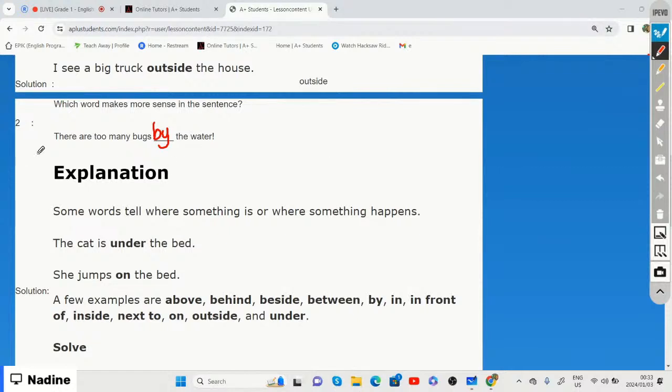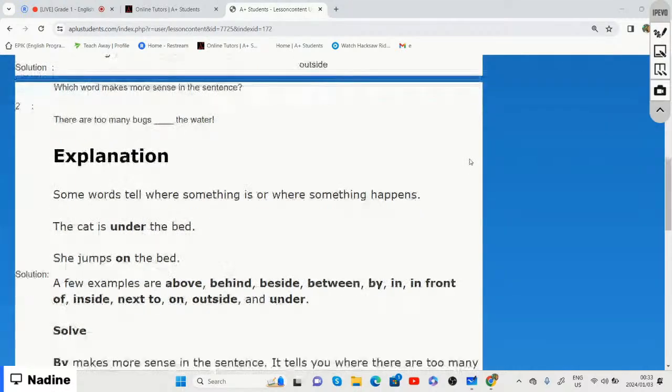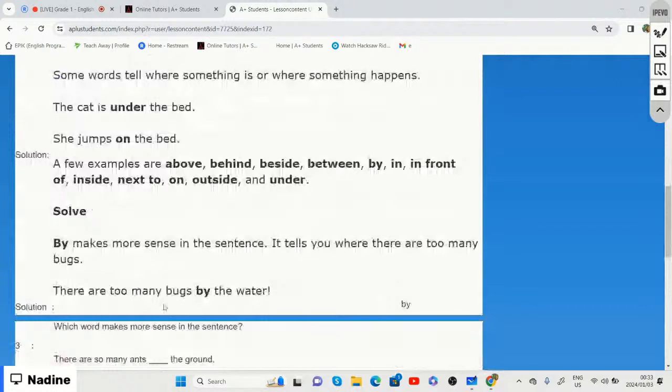So there are too many bugs by the water. And by makes more sense, right? Because it tells us where there are too many bugs.